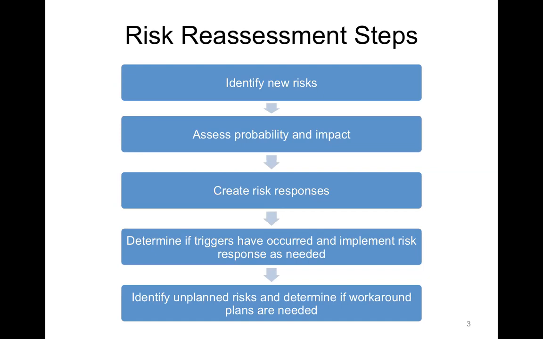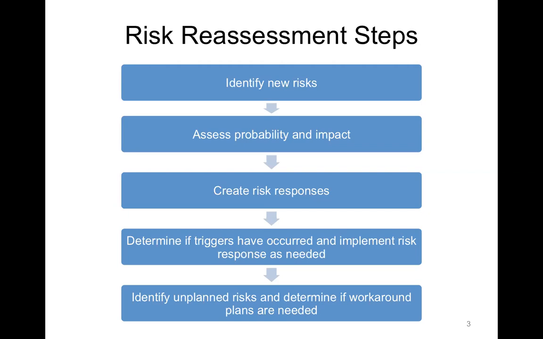So during the monitoring controlling phase, we need to make sure that we're spending some time identifying new risks as they come up. Some of those will be identified through a formal process of maybe a brainstorming session, and some of them will just be brought up simply by workers on the field or project management team members or stakeholders or even the sponsor or the client. Either way, we're identifying those new risks.